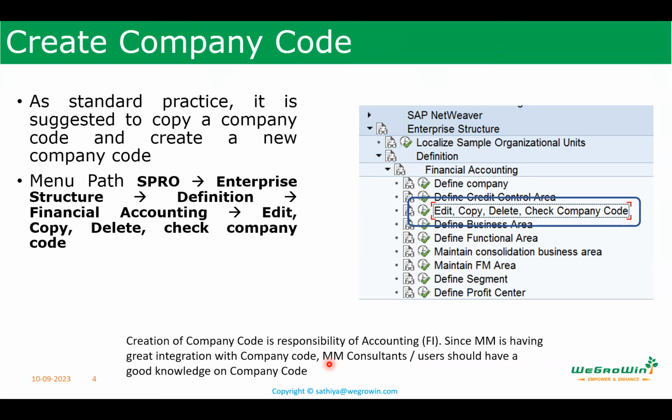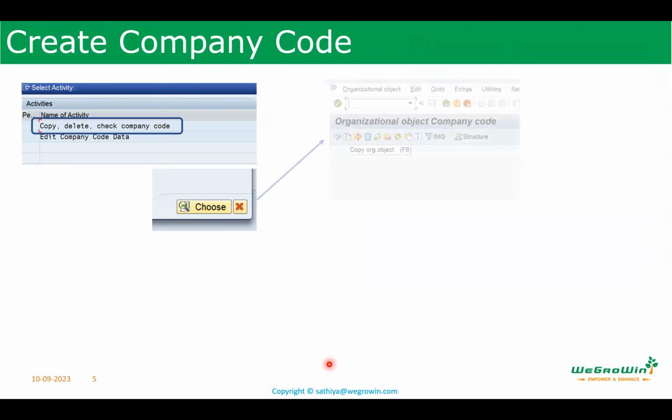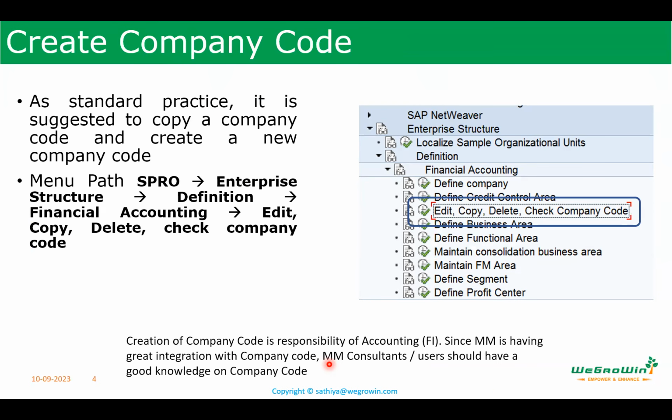Many things are there at the company code level. Go and revisit the company code definition; I don't know whether I covered it here or not. The financial statements of the organization are generated at the company code level. So how to consolidate company codes has to be decided here.